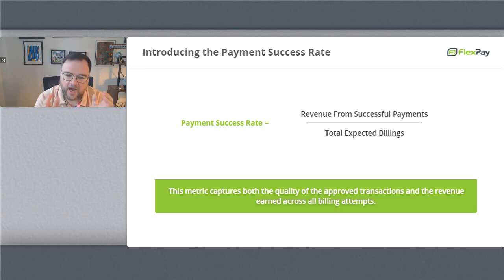You're saying, I am expecting a certain number of bills every month. And how many of those bills that I expected am I successfully able to pull through? This is the metric that you really want to focus on, and this is what I'm going to dig into in the next few slides. So again, payment success rate is the revenue from successful payments divided by the total expected billing that you would have in a month.